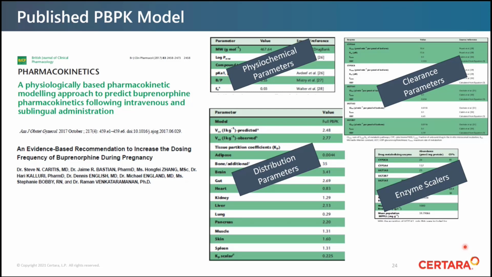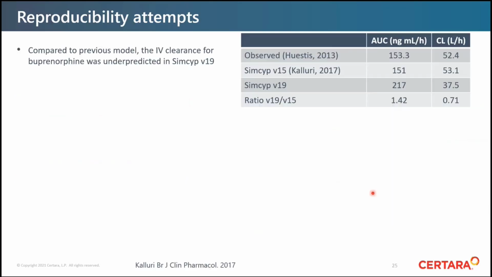From my reading and knowledge of this study, it was well conducted, with great tables of the physiochemical parameters, the distribution parameters, the clearance parameters, and various enzyme scalars used to estimate intrinsic clearance from microsomal data and so forth. However, once we tried to reproduce the study in SimCYP, we were using version 19 and they had used version 15.